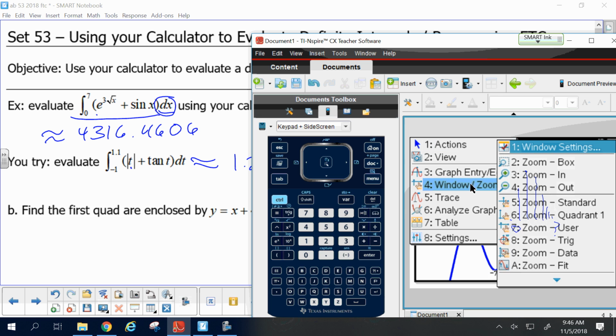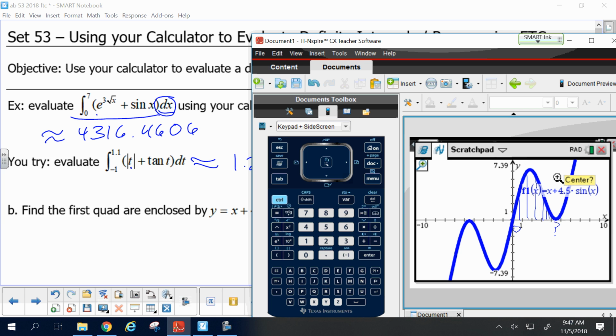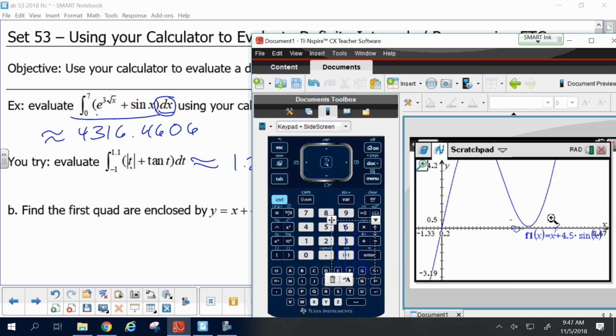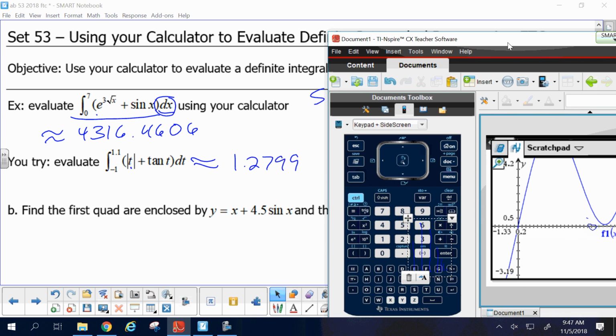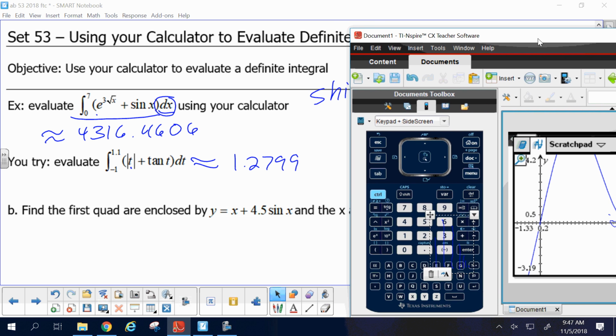I might actually zoom in a little. Right there. Oh man, does it not cross 0? Does it? I don't think so. That's a problem. Let's give the trig a little help. Are you finding the same thing, that it doesn't have a 0? Yeah.